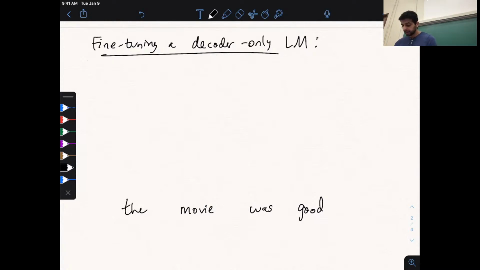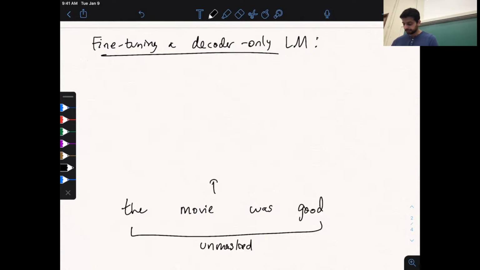fine-tuning process. So in sentiment analysis, I always assume I have an input sentence, right, or text that I want to judge the sentiment of. So this part of the prefix is going to be unmasked.